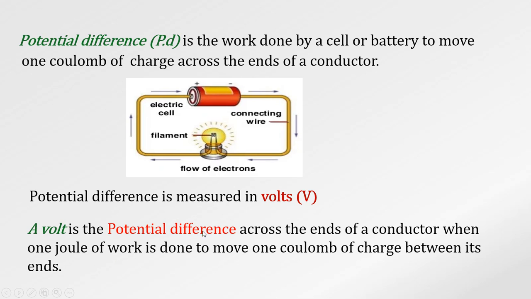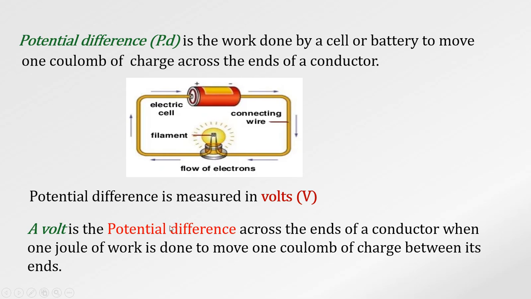A volt is the potential difference when 1 joule of work is done to move 1 coulomb of charge between the ends of what? The conductor. When one joule of work is done, the charge moved is 1 coulomb.